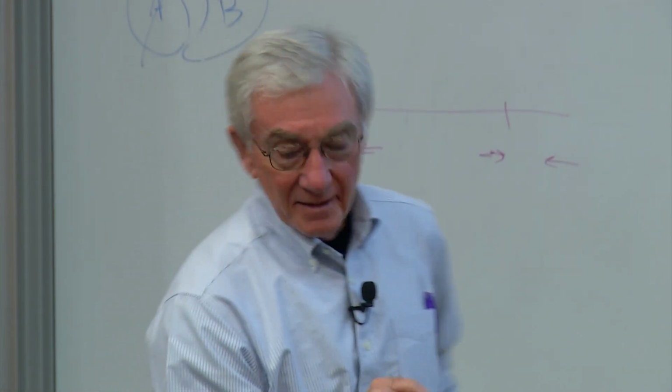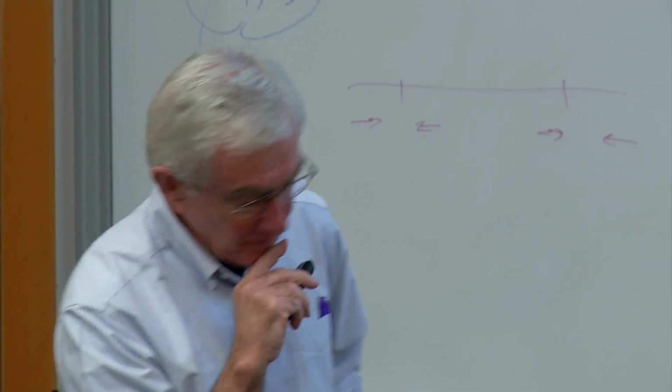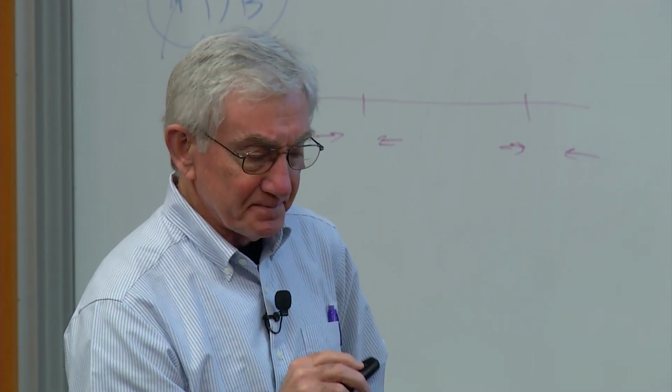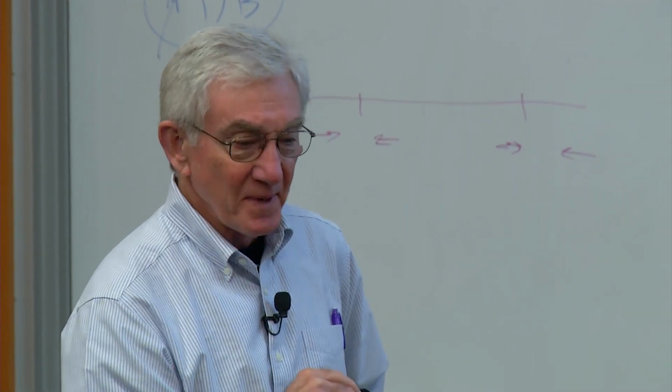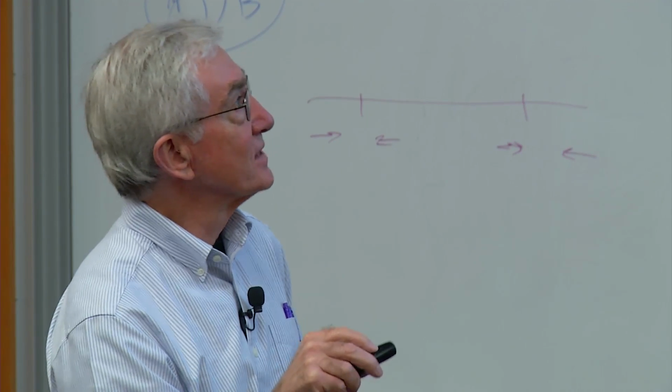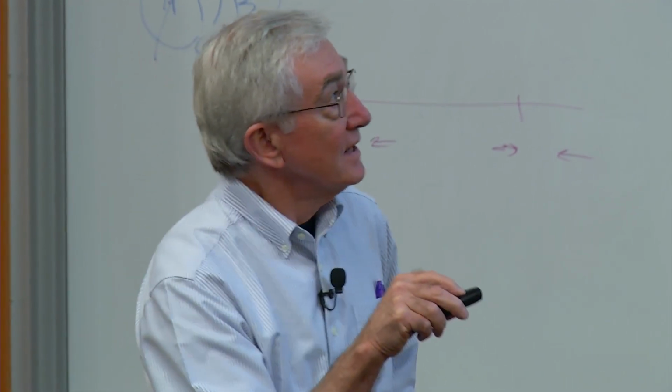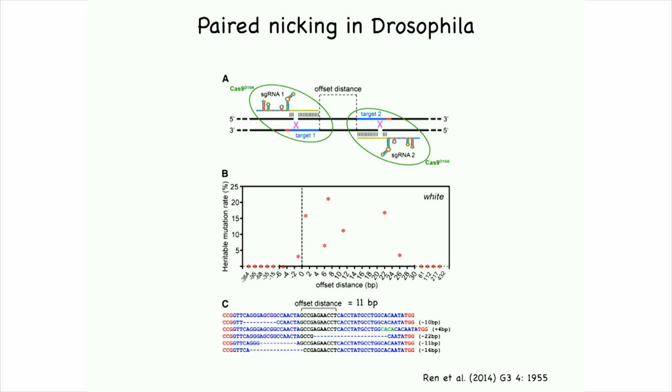This is just going to go through a couple of papers that look at other aspects of using Cas9 in Drosophila. This one is looking at paired nicking. So two guide RNAs in close proximity to each other on opposite strands, and the D10A mutant of Cas9.